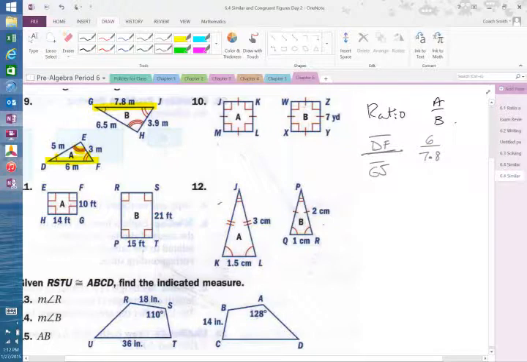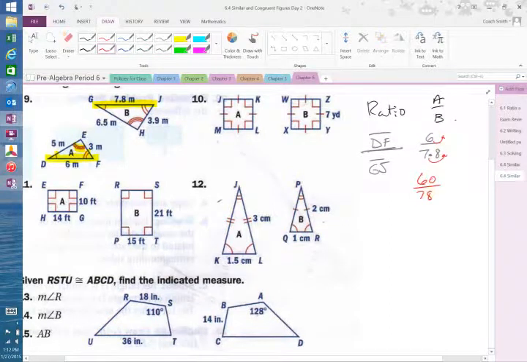Just like yesterday, we can't have decimals in our fractions, so you move it once here, once there. So you really have 60 over 78. 60 over 78 will reduce to what? What can I reduce it by? 2. That gives me 30 over what?